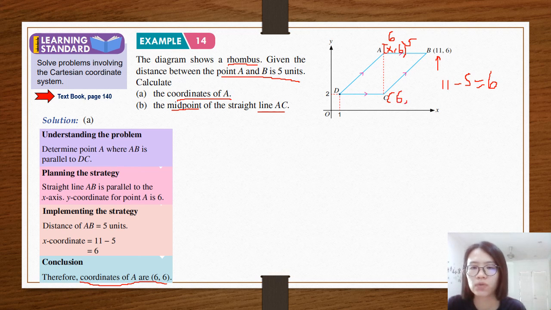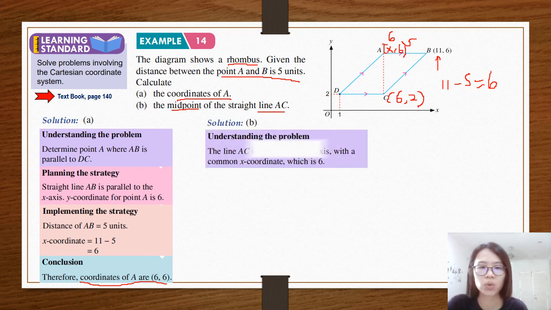And the y coordinates for point C is 2. Okay, now we can search for the midpoint for line AC.